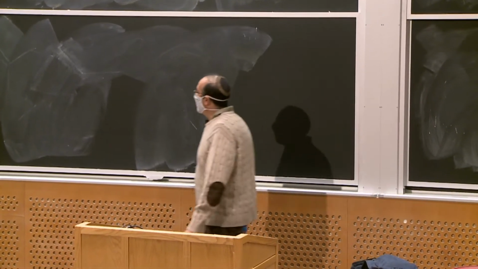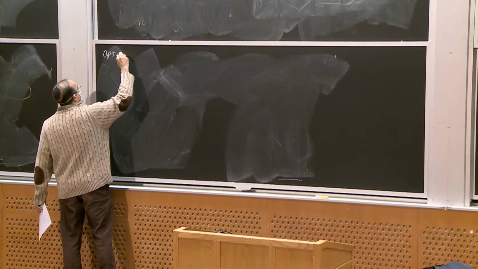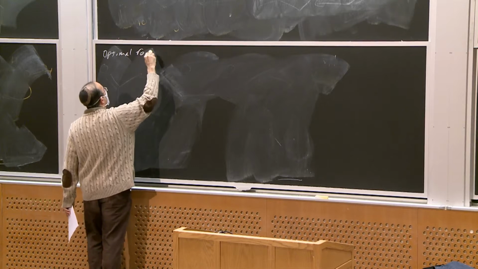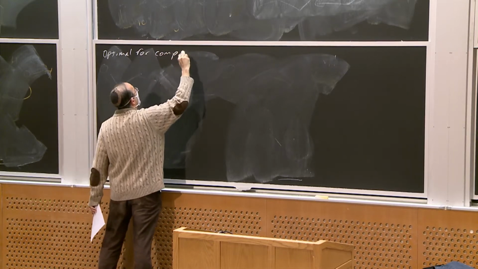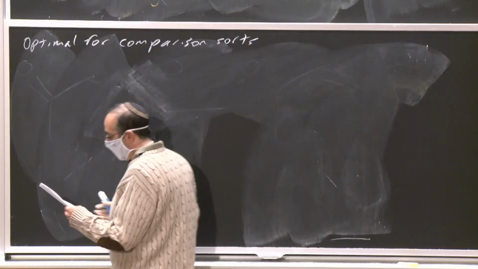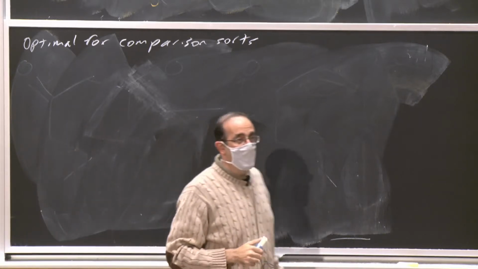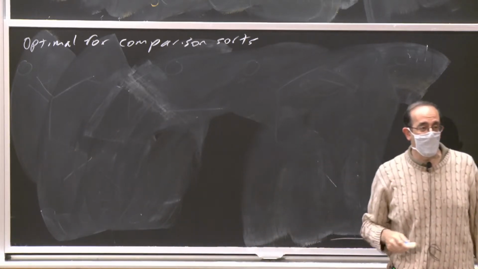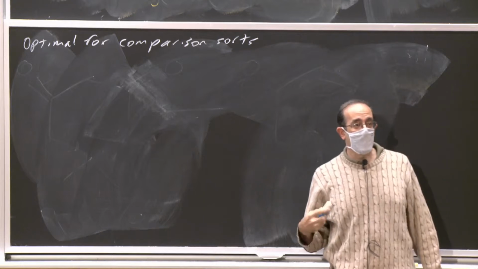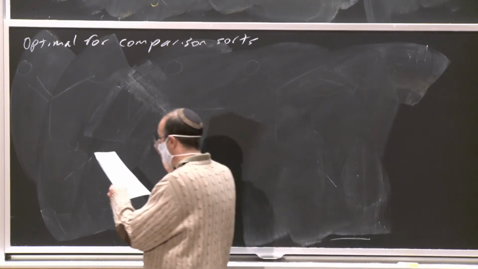Now I also say that this is optimal for comparison sorts. Okay, you can't do better. And it's the same kind of information theoretic argument as you get for the lower bound for sorting in the standard computational model.